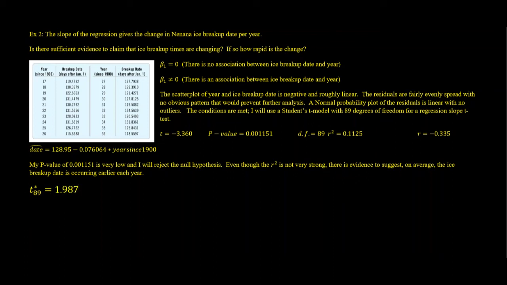The standard error of the slope is 0.0226. It was provided in our earlier calculator printout. The margin of error equals T star with 89 degrees of freedom times the standard error of the slope.